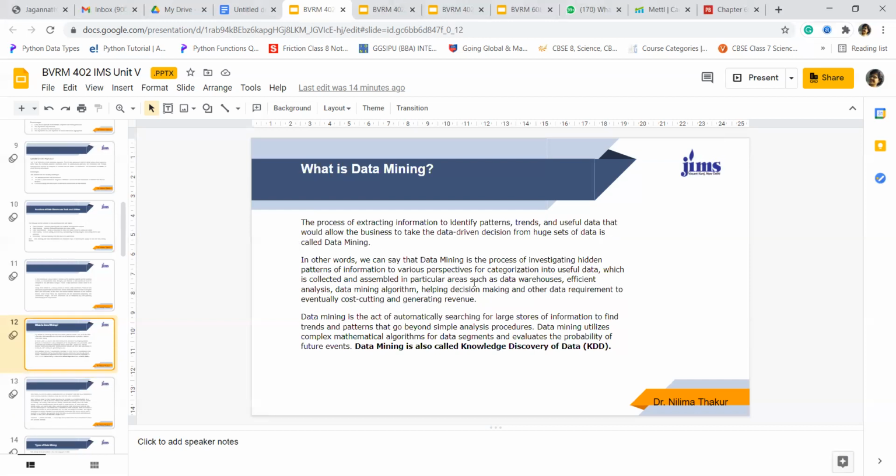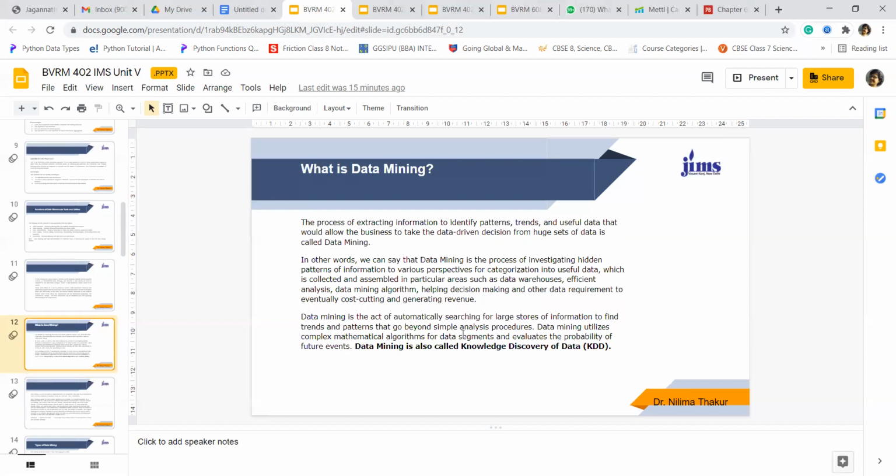In other words, we can say it is the process of investigating hidden patterns of information from various perspectives for categorization into useful data, which is collected and assembled in particular areas such as data warehouses, for efficient analysis, with data mining algorithms helping decision making.